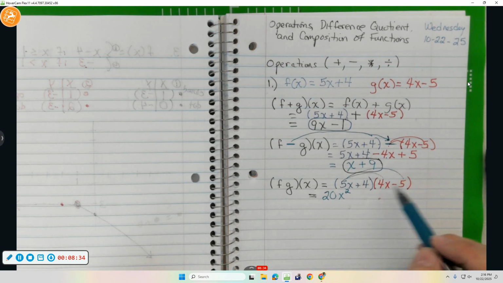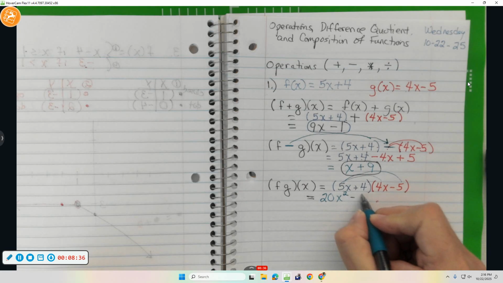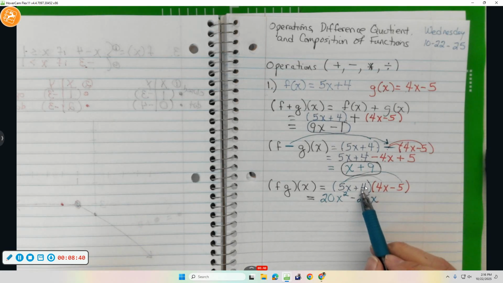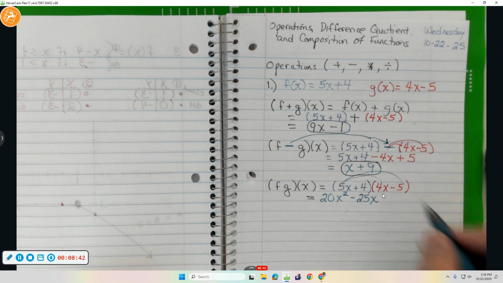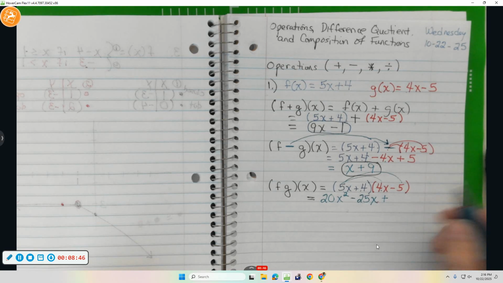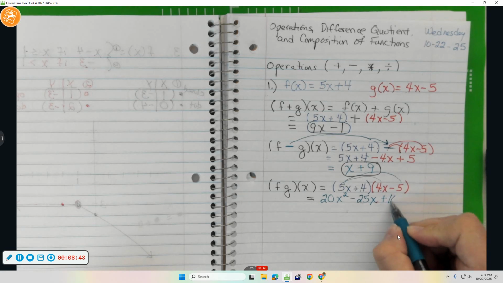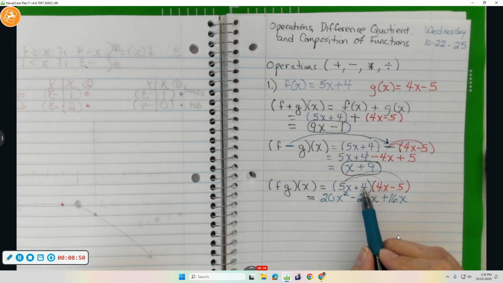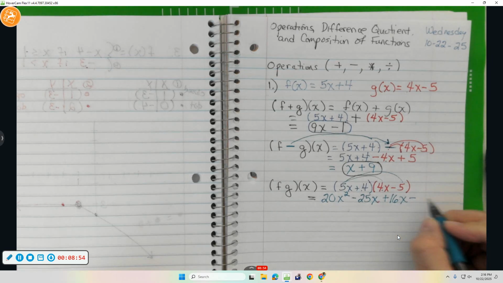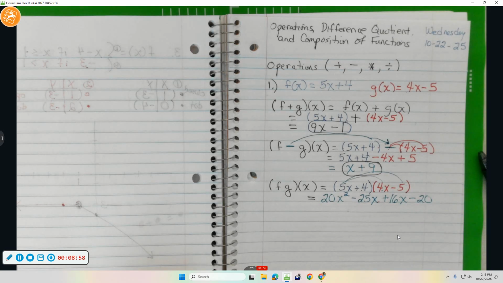Outer. 5x times a minus 5 is a minus 25x. What's the inner going to be? 4 times 4x, 16x, good. And what about the last term? 4 times a negative 5. I'll get you started. It's a negative 20, so minus 20.